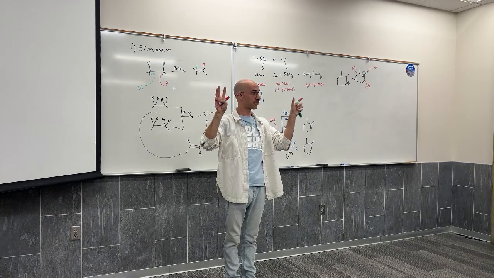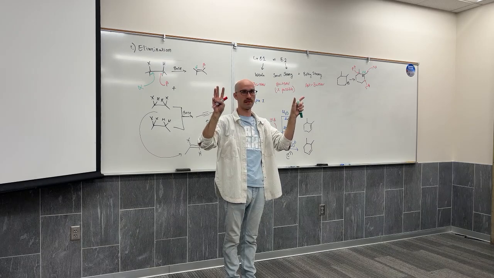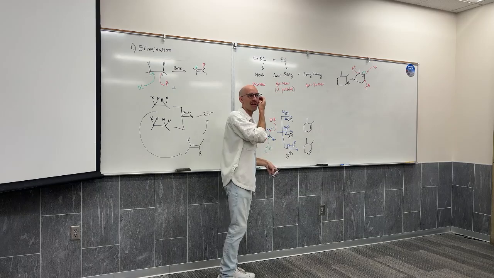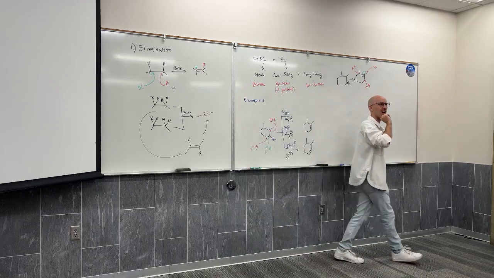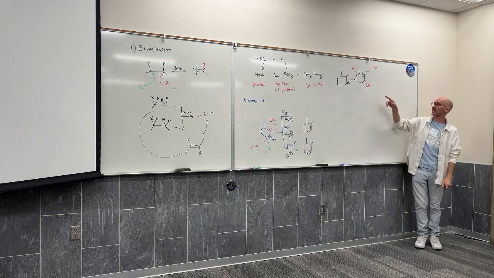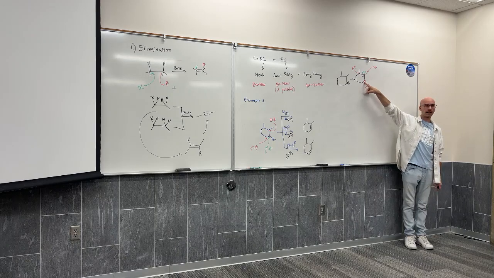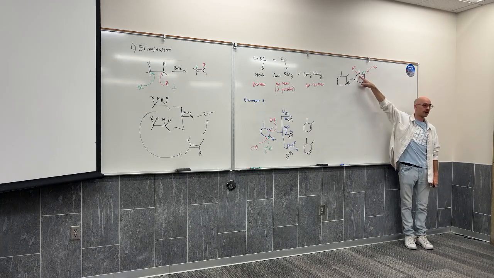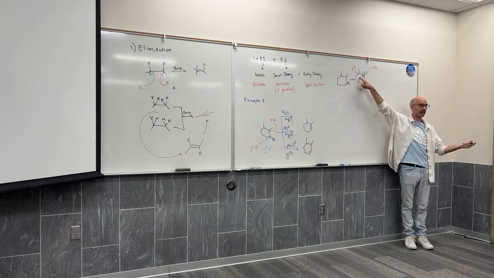The most substituted, the tertiary beta. So the product that forms, well, let's just check quick. Are there beta hydrogens at each of those positions? Yeah, there's 2 beta hydrogens here, 3 beta hydrogens here, and 1 beta hydrogen here. So I can form an elimination there.